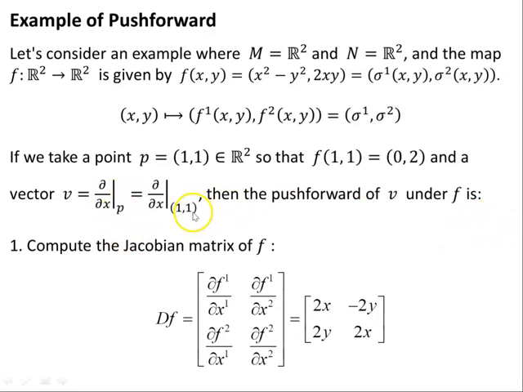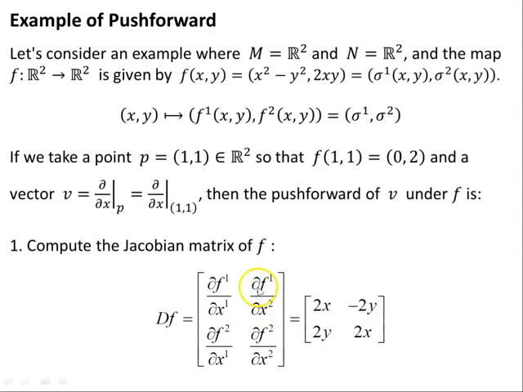Okay, so point P is 1, 1, and partial x is the basis vector in the x direction. Then the push forward of V under F is: first we compute the Jacobian matrix of F, df. Here's the Jacobian, partial F1, partial X1. X1 is just X, sorry about that. Partial F1, partial X2.